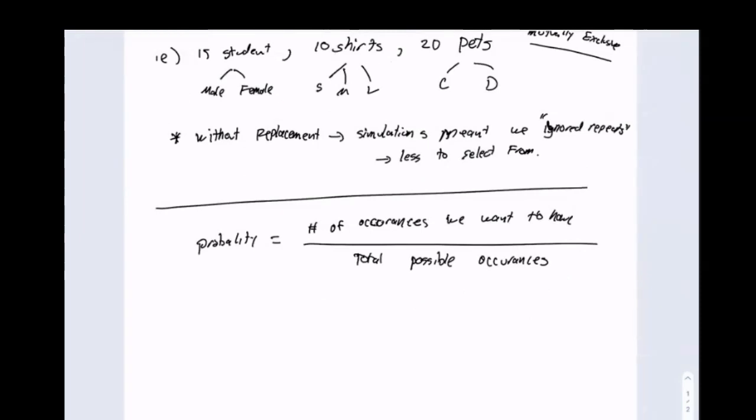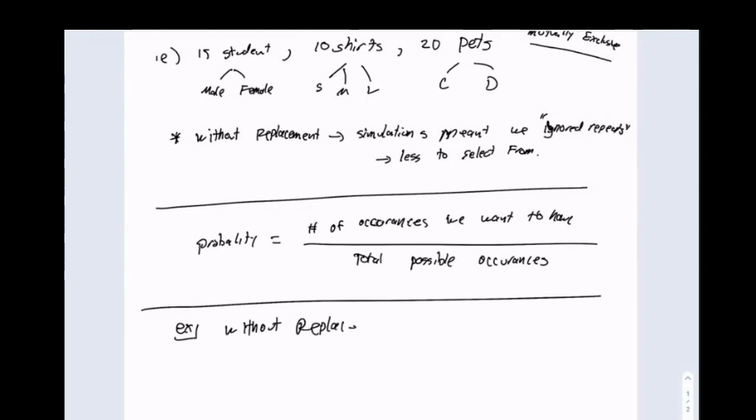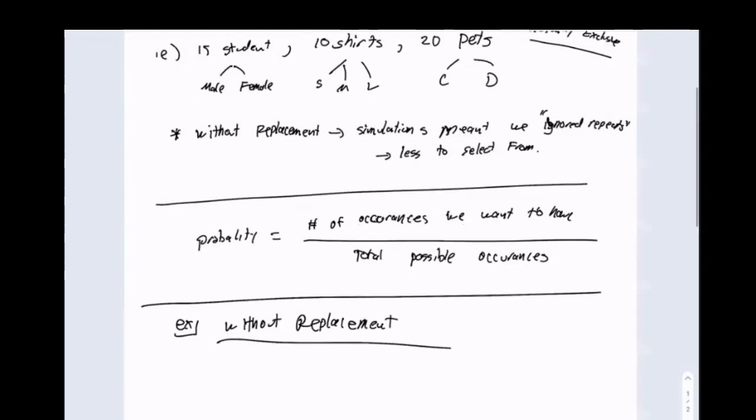So in a basic example of one selection, remember, we're talking about without replacement. Sometimes in the problems, it'll specifically say without replacement, and other times it's inferred. In other words, you kind of know that that's the case.